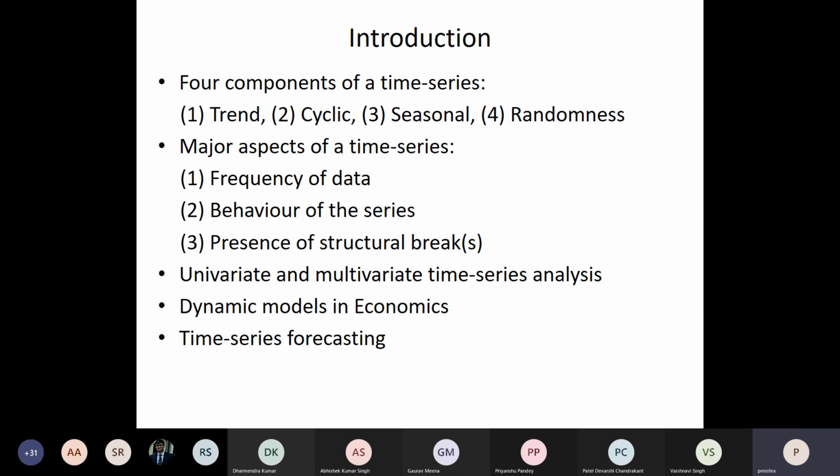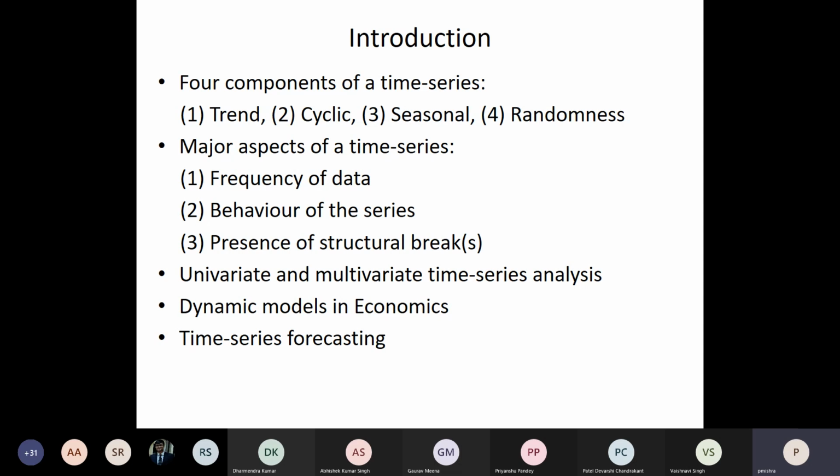Now, there are various situations where we use time series data in economics. I will get back to specific examples. But before that, let me tell you, I think there are some students from economics where in courses relating to econometrics, we discussed different types of data, like cross-sectional data, where we have data across individual units at a particular point of time.